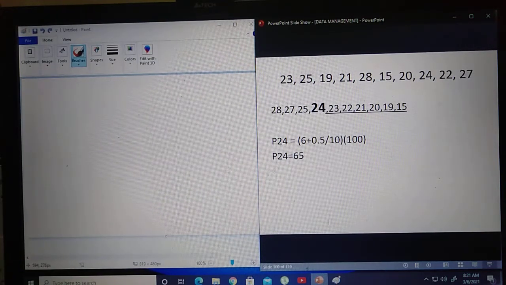As you can see, for the value 24, we take the values below it. There are 6 values below 24. From the formula, 6 plus 0.5 is 6.5, divided by 10, times 100, so we get 65. The P24 is 65.